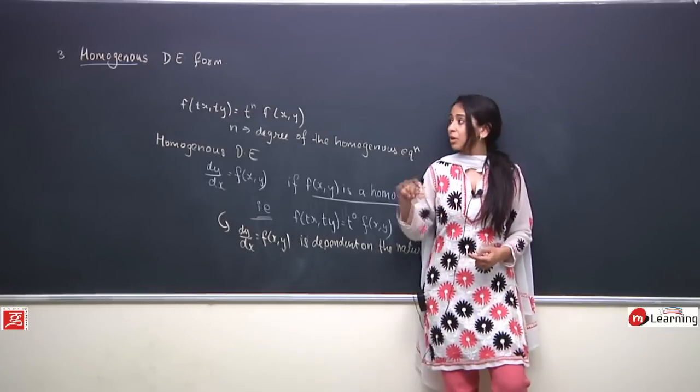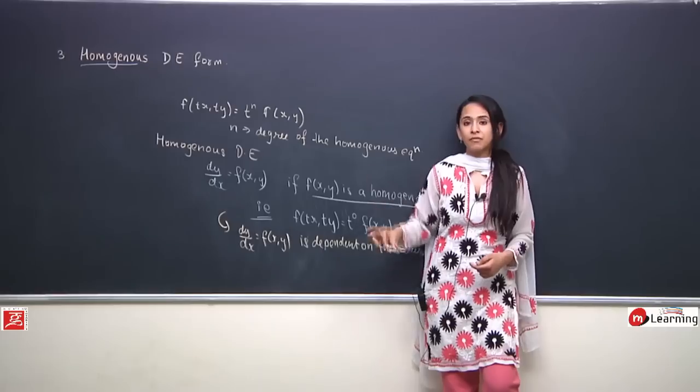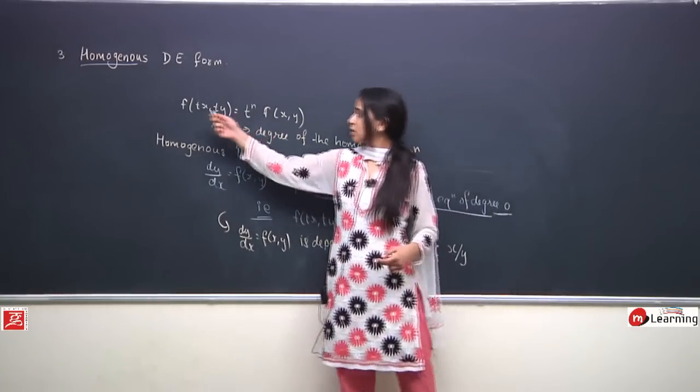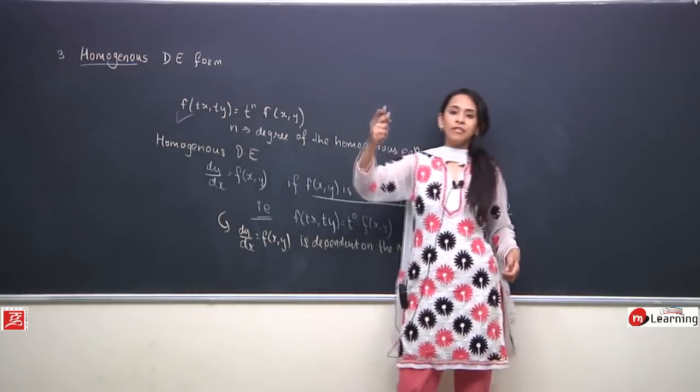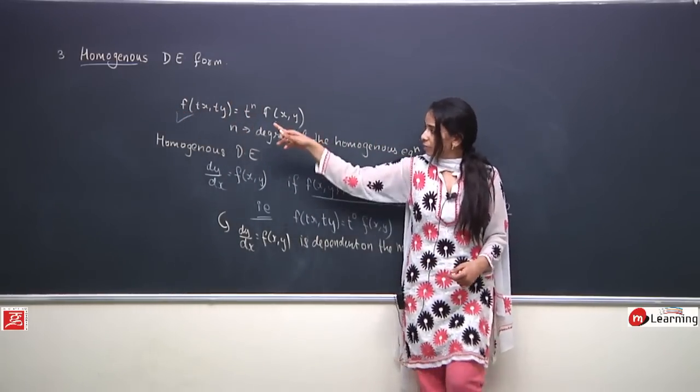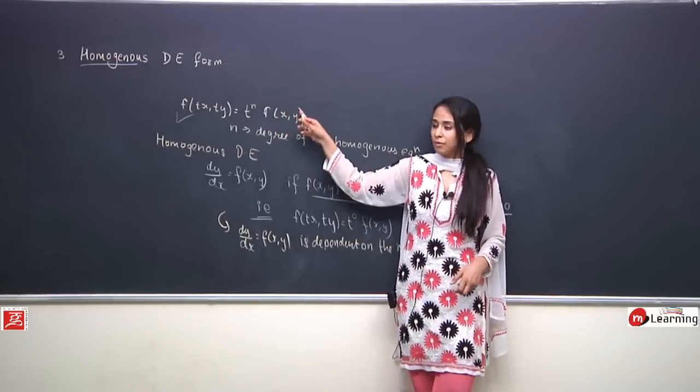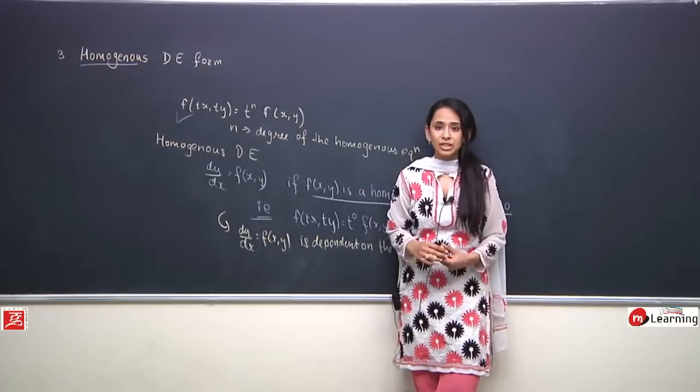So now is everyone clear what is a homogeneous equation or what is a homogeneous differential equation? A homogeneous equation of degree n is said to be an equation which satisfies the condition f of tx, ty is equal to t to the power n f of x, y. Now what is a homogeneous differential equation?